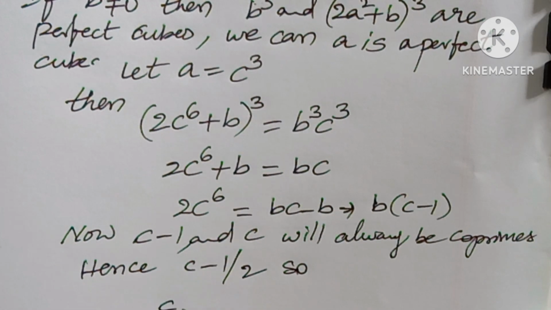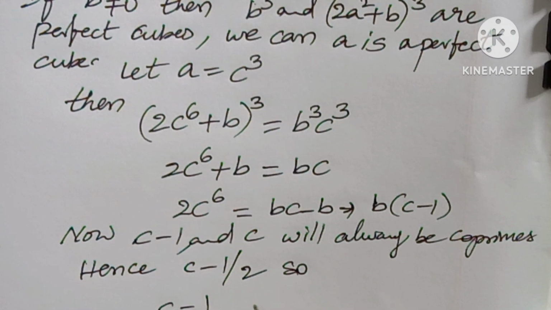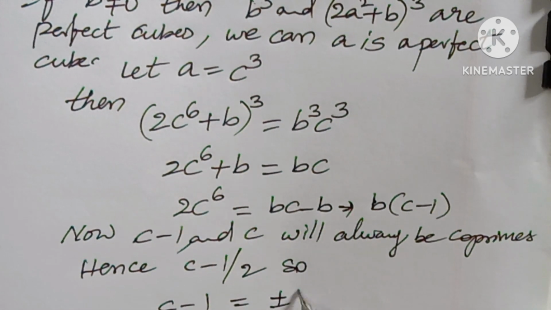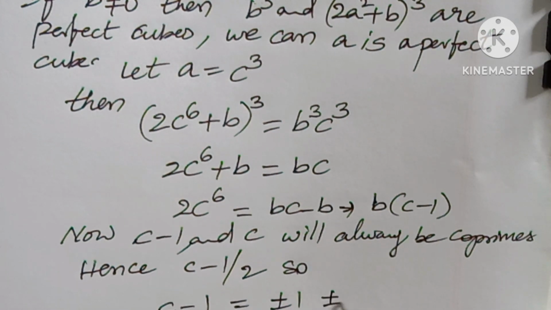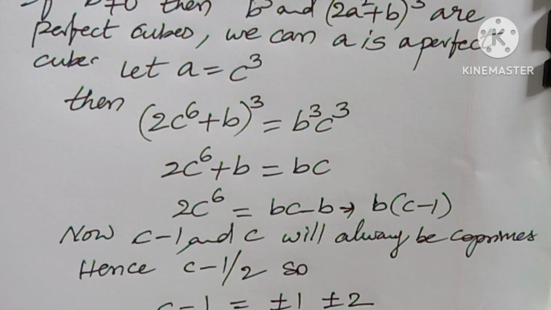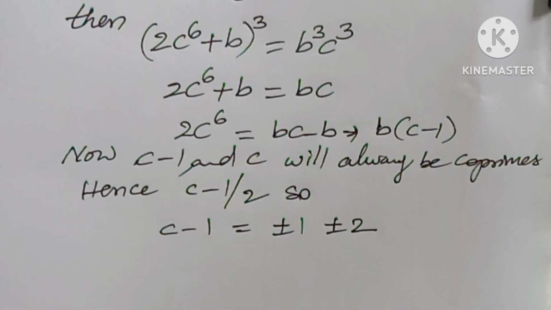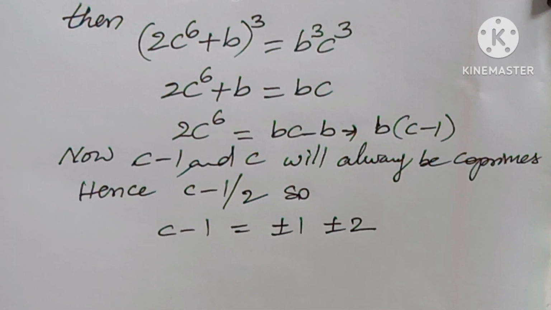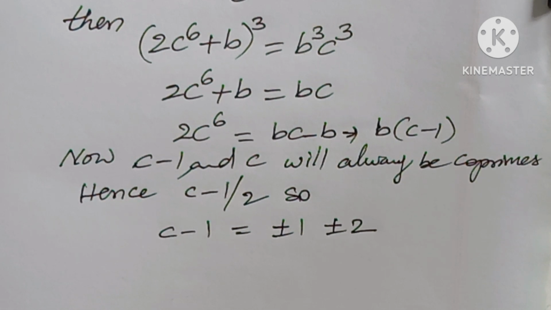So c minus 1 will have possible values plus or minus 1, plus or minus 2.